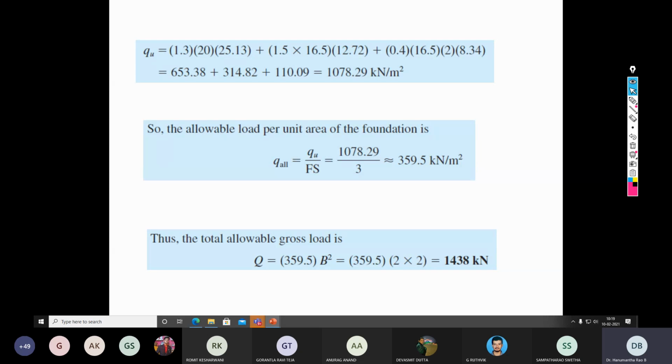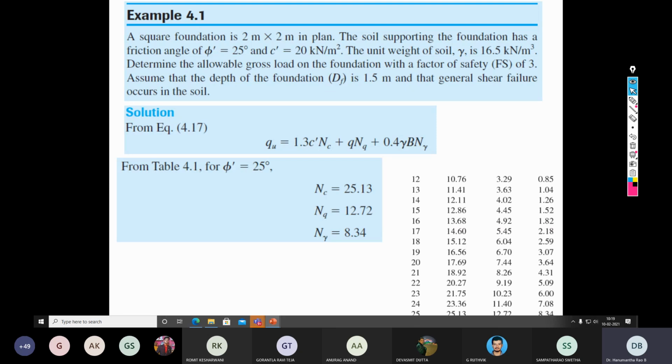Now suppose you are asked to calculate based on general shear failure; what we have done falls exactly under the category of general shear failure. In case of local shear, this C must be taken as 2/3 of C dash. Similarly, phi dash is 25 degrees in this case.